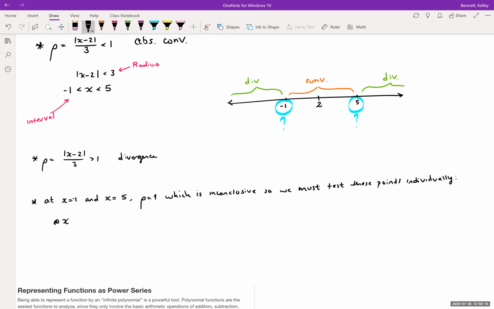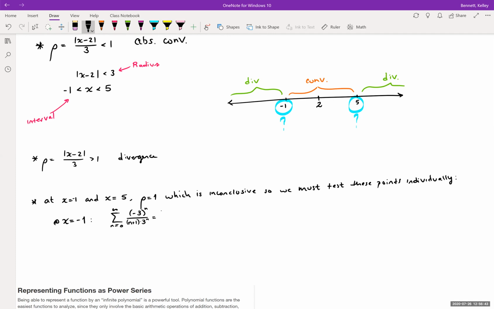So at x equals -1, our series would be the sum from n equals 0 to infinity of (-3) to the n, since I'm just plugging -1 in for x, over (n plus 1) times 3 to the n.